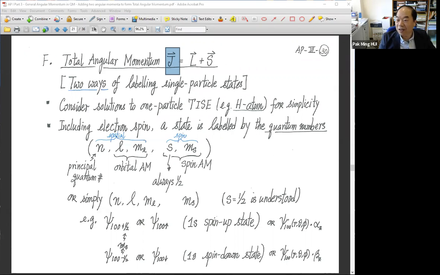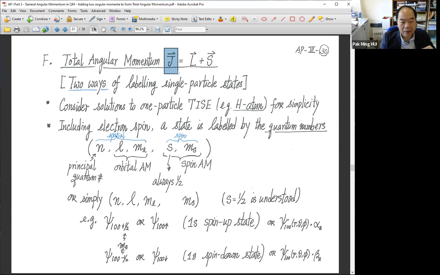So far, if you follow quantum mechanics 1 up to here, you have seen orbital angular momentum in solving the hydrogen atom, central force problems. You have seen the spin of the electron, the Stern-Gerlach experiment. So you have seen two angular momenta separately. That motivated us to see whether we can add two angular momenta together to form a new angular momentum that we call total angular momentum.